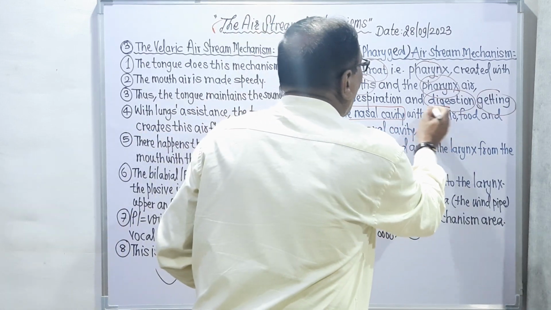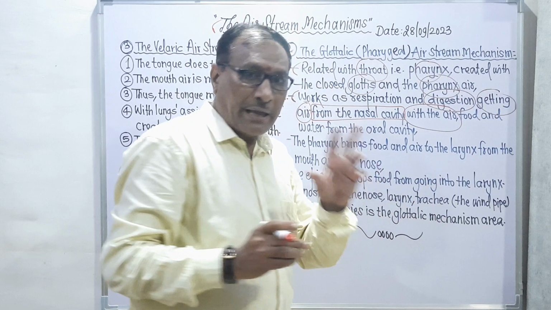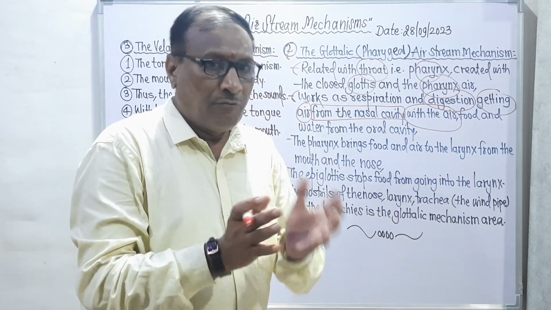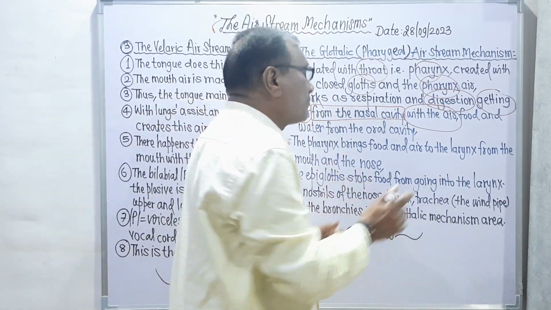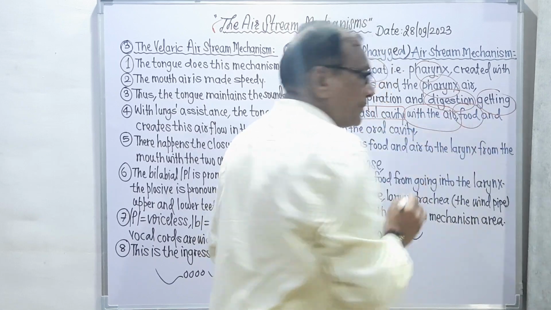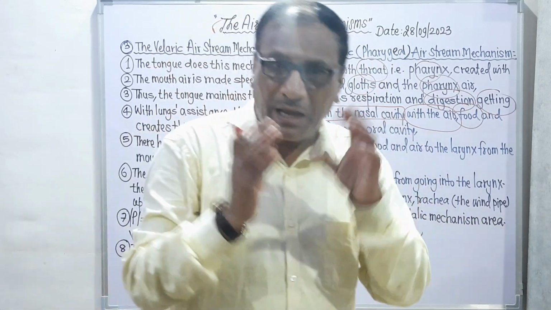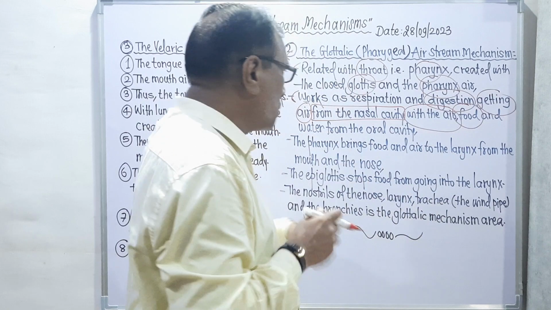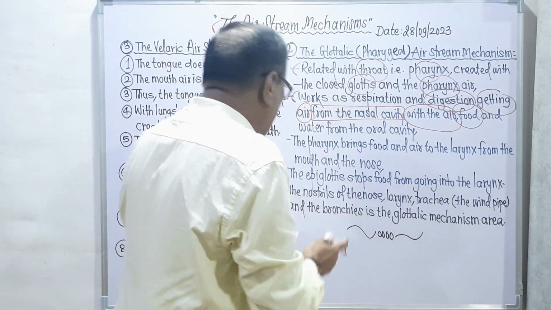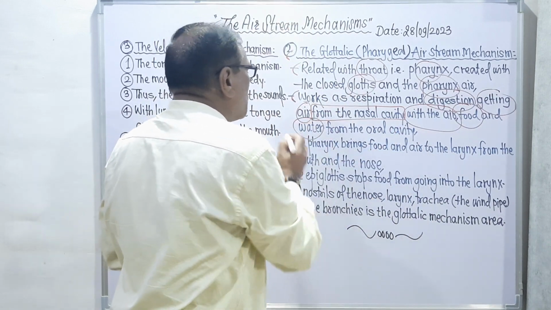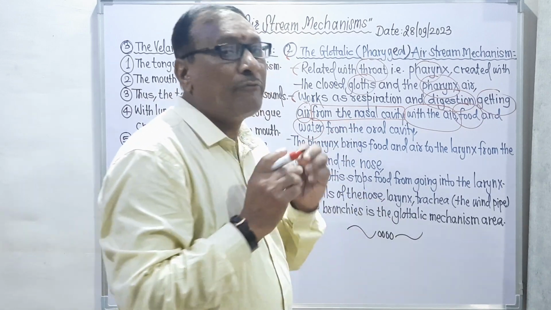With the air, remember, there is the air that works there. Then there is the food, the food which we eat. And water is also there from the oral cavity.